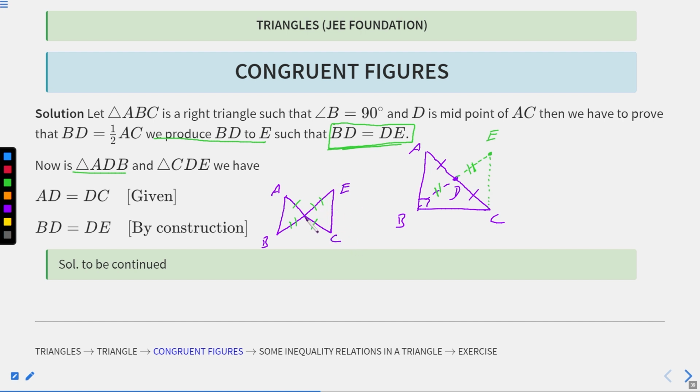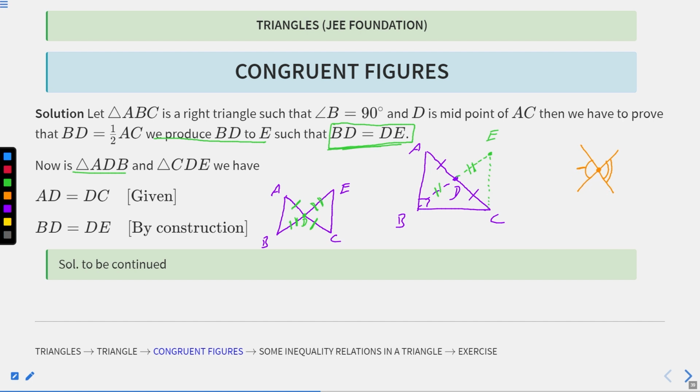In both of these two triangles, this side is equal to this side, and BD is equal to DE. Now, if you recall, when we have an intersection, vertical opposite angles are equal to each other.